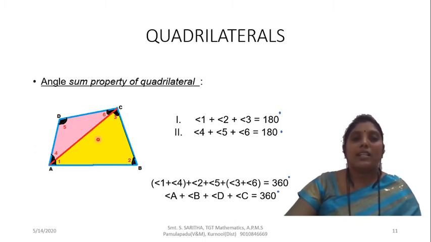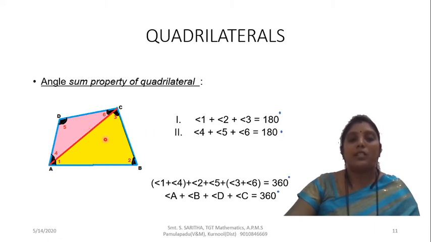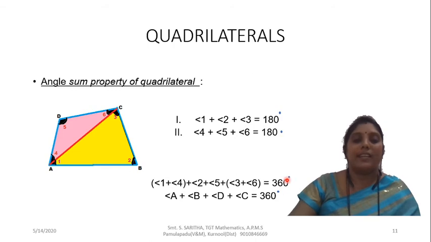You know that the sum of the three angles in a triangle is 180 degrees. So angle 1 plus angle 2 plus angle 3 is equal to 180 degrees. Whereas in the second triangle, angle 4 plus angle 5 plus angle 6 is equal to 180 degrees. Now adding the angle sums of these two triangles, angle 1 and angle 4, plus angle 2 and angle 5, plus angle 3 and angle 6, is equal to 180 plus 180, which is 360 degrees.